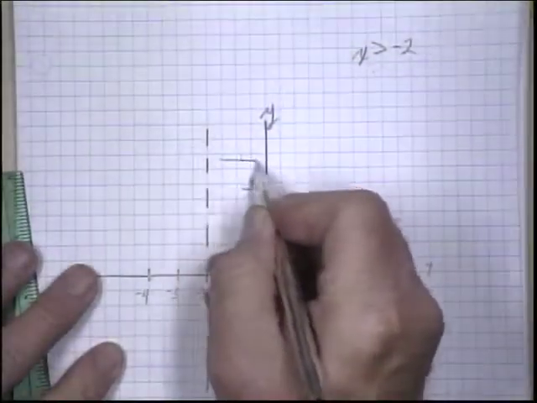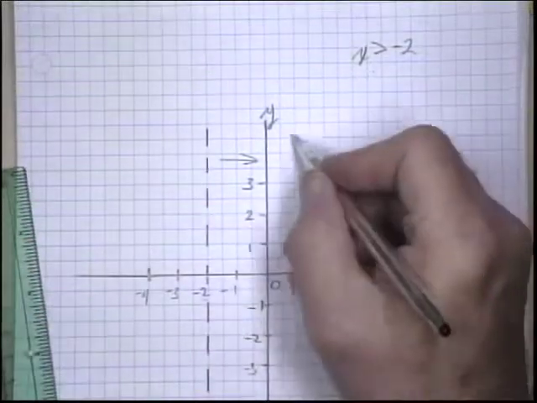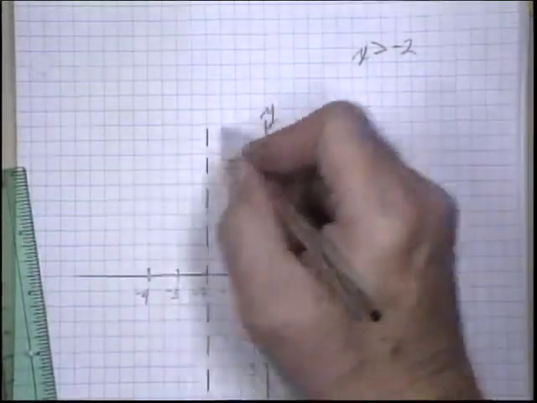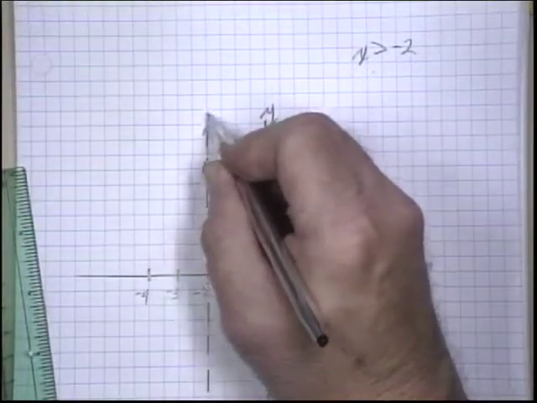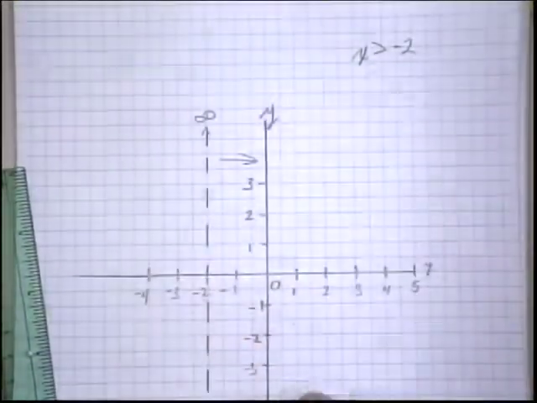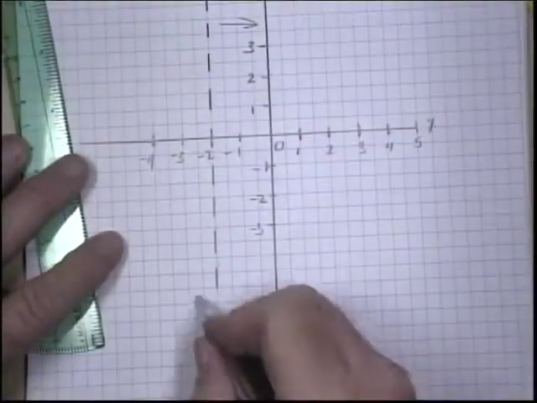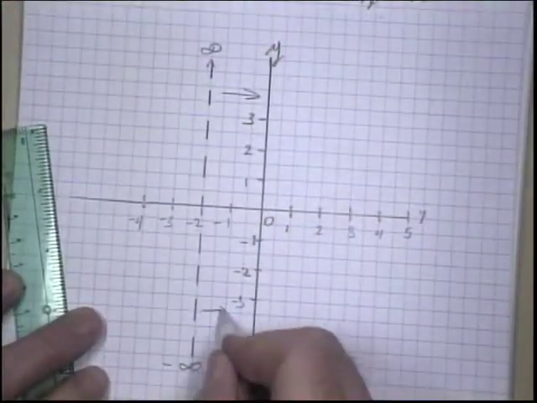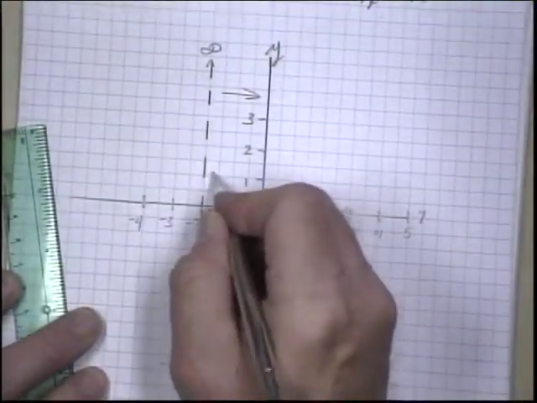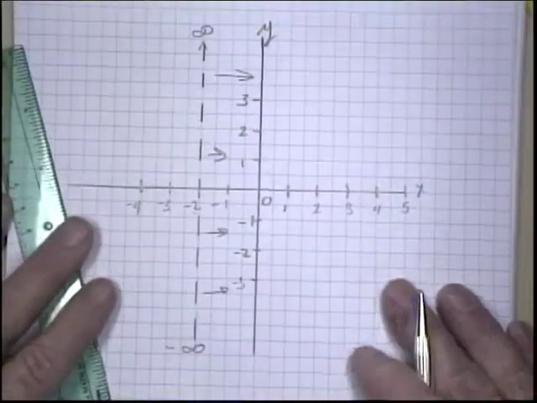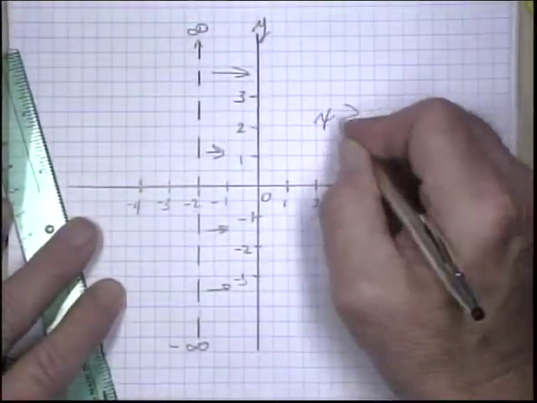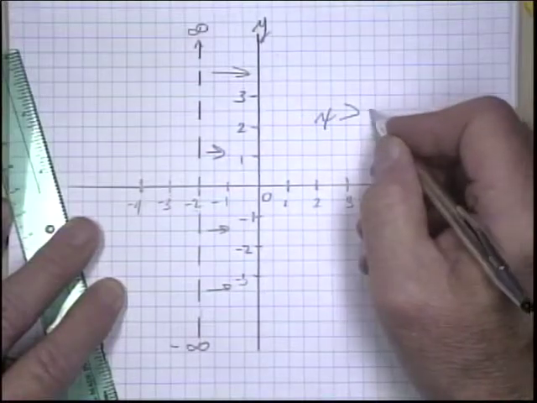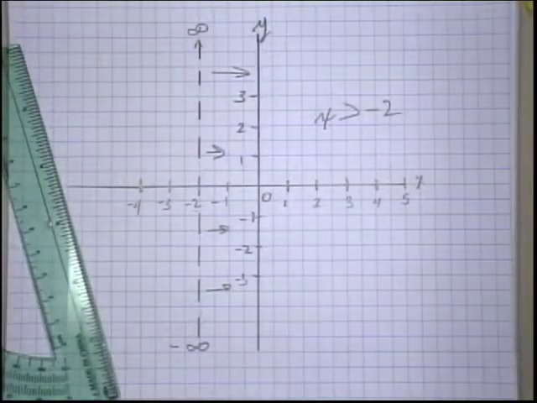And anything on this side of the line, any ordered pair, this would go to infinity, by the way. A positive infinity in that direction and a negative infinity in this direction. Any point on this side of this line satisfies the inequality x is greater than minus 2.